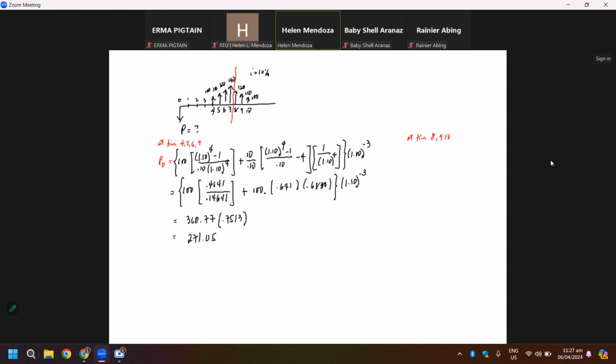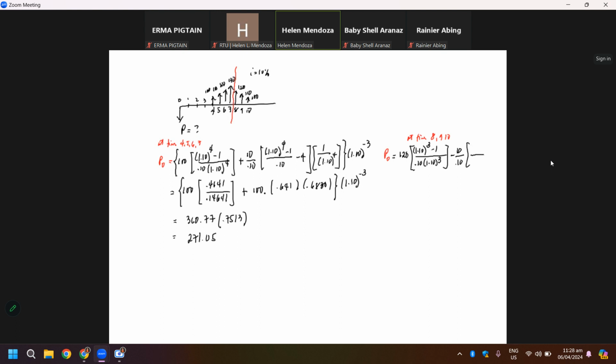So if we are taking P sub 0 for this, let's change the color. So this is equivalent to 120. So we use the same, this is 1.1. We count the number of arrows, 3. 1.1 raised to 3 minus 1. Then since this is downward, then we have to subtract instead of adding now. So gradient is 10. I is 0.1.